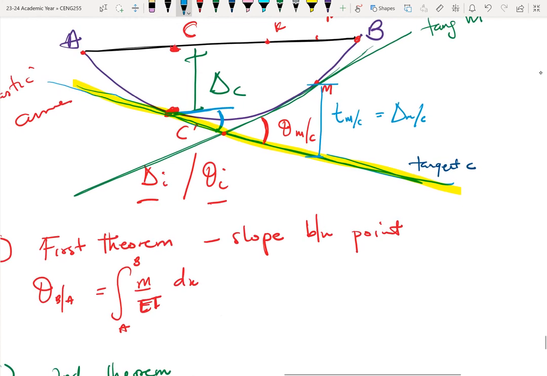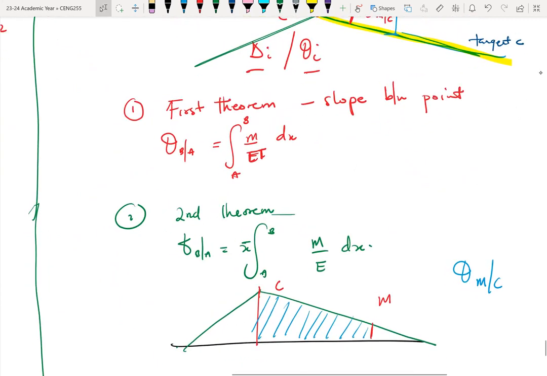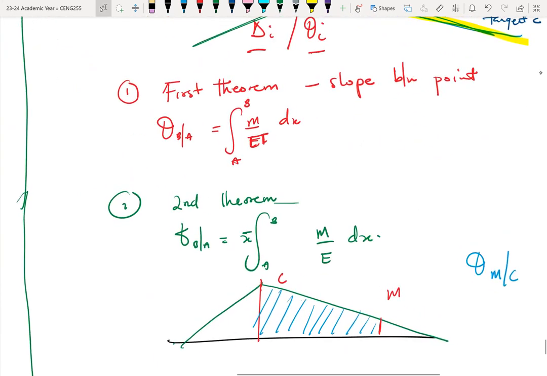The first subscript indicates the point on the elastic curve, and the second subscript indicates the deviation of the tangent we are looking at with respect to that point on the elastic curve. And since the second theorem requires us to find the moment of the M over EI diagram, it means that we need to know about what point we want to take the moment.